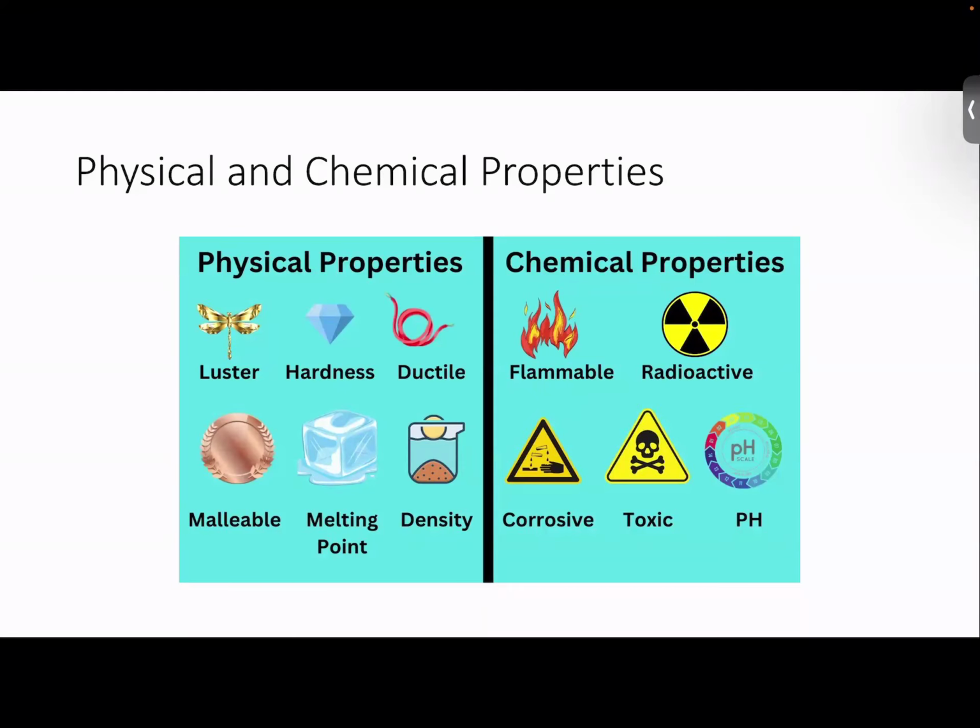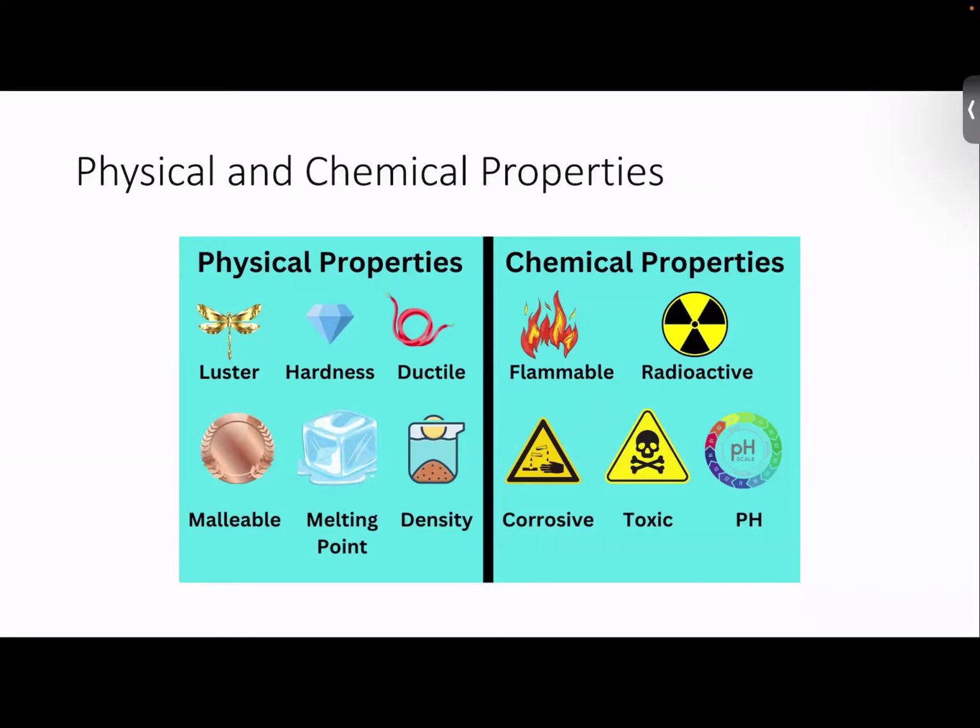There is going to be a time where that strontium and cesium will no longer be radioactive, because all of the radioactive particles will have undergone a change. So again, radioactivity is an example of a chemical property.